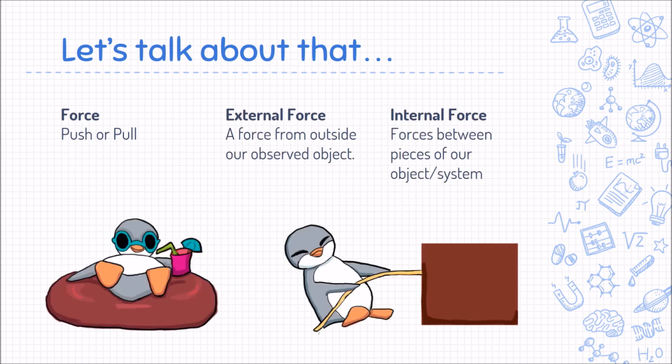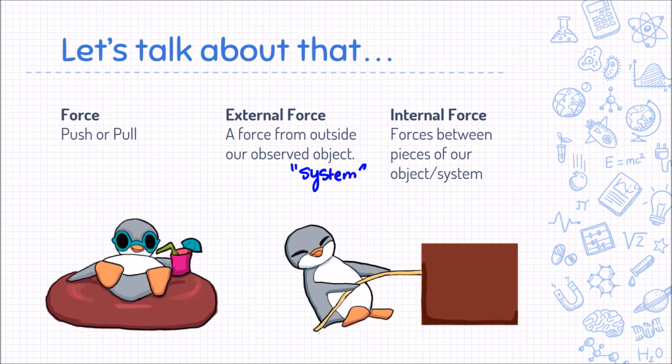So let's talk about what an external force is versus an internal force. An external force is a force from outside our observed object. And if we're observing several objects at once, we call that a system.